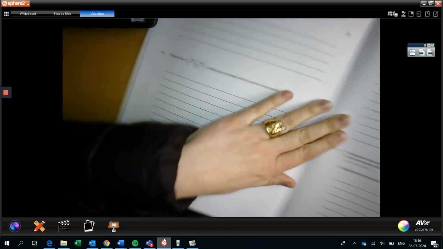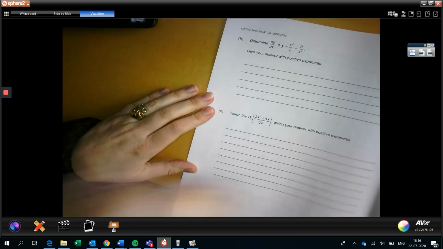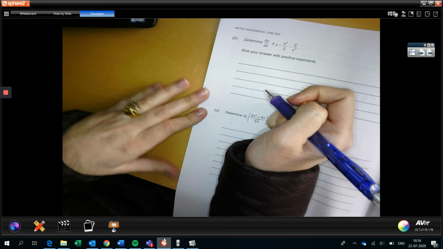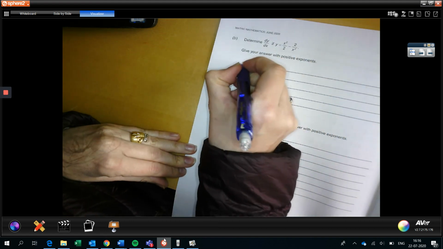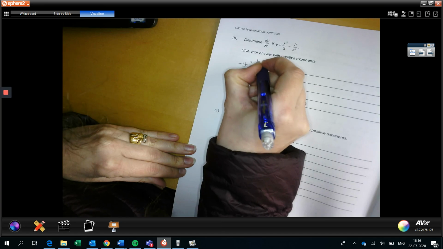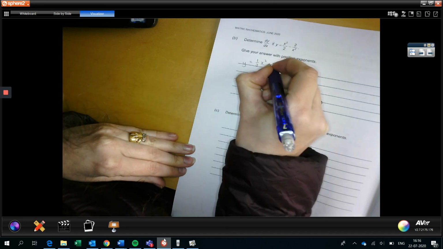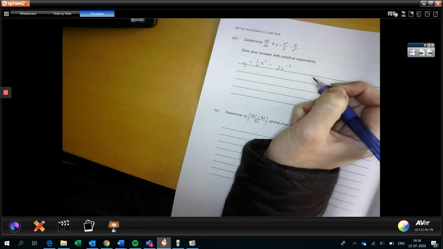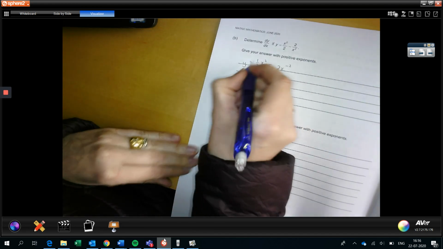we've got to find the derivative and give your answer with positive exponents. So you can only differentiate when all the variables are in the numerator. So we're not ready to differentiate yet. I also like to write it as a half x squared minus 2x to the negative 2. Now that everything is in the numerator, now we can differentiate.